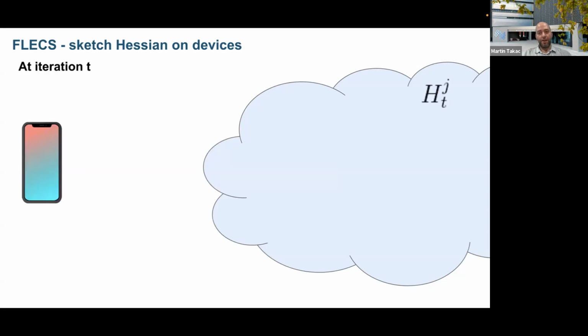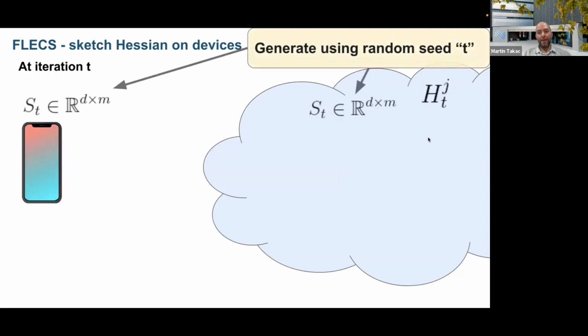Remember, my server or cloud already knows my estimates of the Hessians. So I can choose the same S^t both on the device and on the server. This can be done easily by picking a random seed which depends on the number of iterations. Then I choose S^t on the cloud and also generate it on devices.